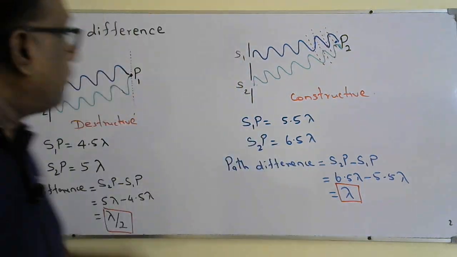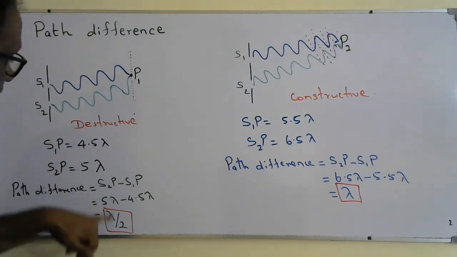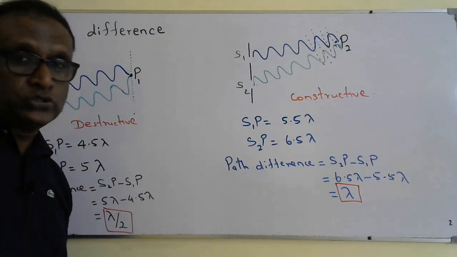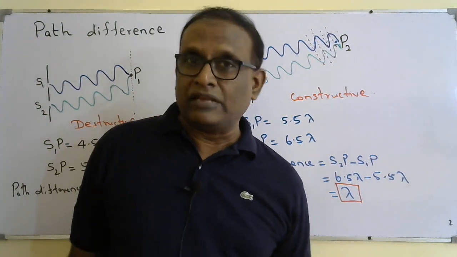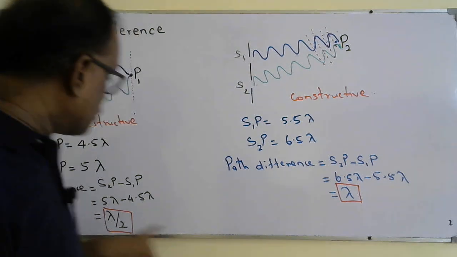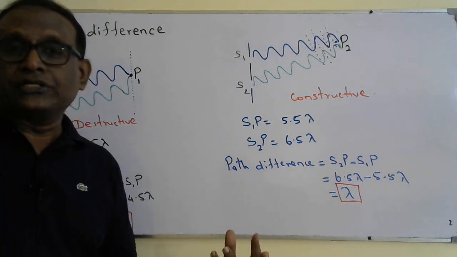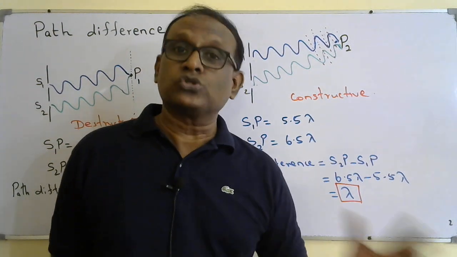Again, there could be a point somewhere here or further up where the path difference is 5 lambda by 2, that is 2.5 lambda. Again there will be destructive superposition. For 7 lambda by 2, that is 3.5 lambda, again there will be destructive superposition, and so on.